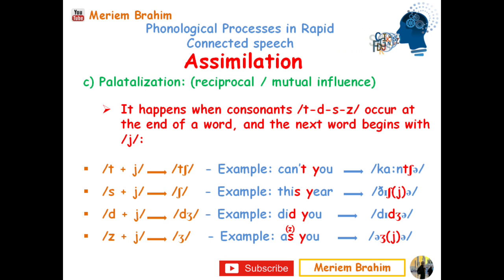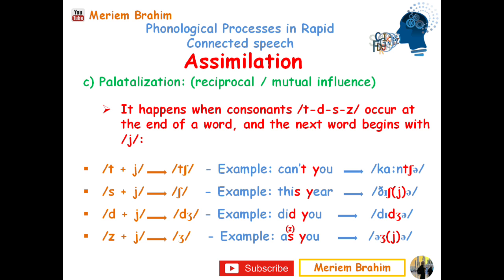We carry on with the last type of assimilation, which is called palatalization. This process occurs between two consonants, but in this case, not one influencing the other, as in the previous two types, but they both influence each other.